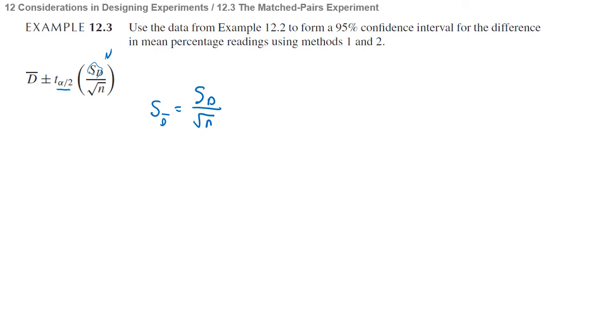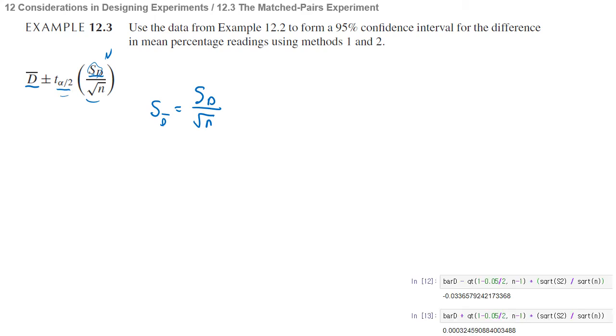Anyway, in the previous example, we calculated d bar, sd, and so let's just calculate using R. So here d bar is here, and minus qt, this is t alpha over 2, and this is sd, and this is square root of n.